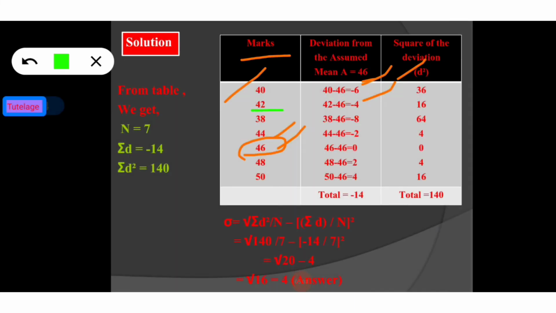Now going to the second class, 42 minus 46, which is equals to minus 4. 38 minus 46, which is equals to minus 8. 44 minus 46, which is equals to minus 2. For the fifth class, 46 minus 46, which is equals to 0.